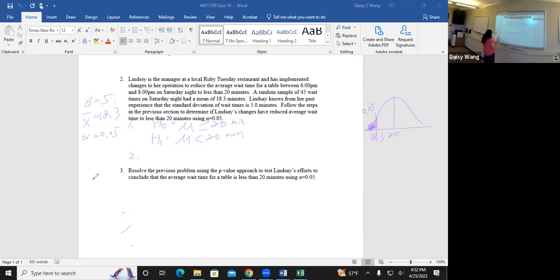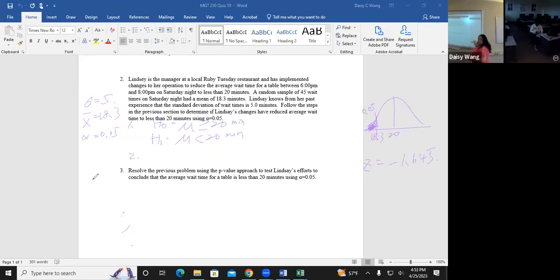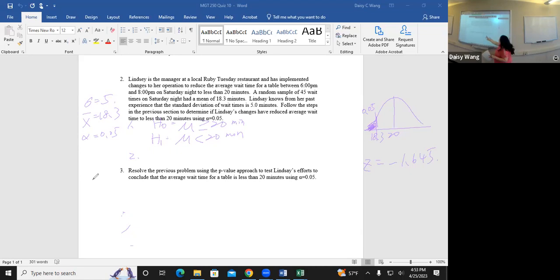So we want to calculate the z-score. So the critical z here, when this area is 0.05, what's the z-score? So this area has to be 95%. This is 0.05. So this is negative 1.645. Okay, for one tail, alpha equal to 5%.